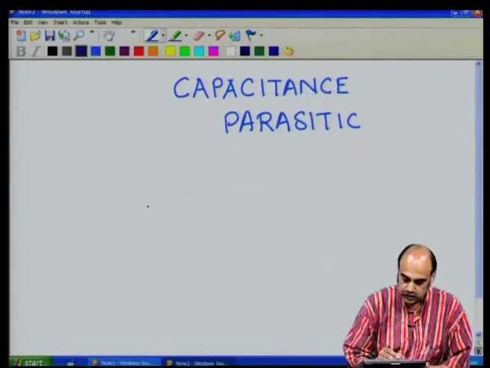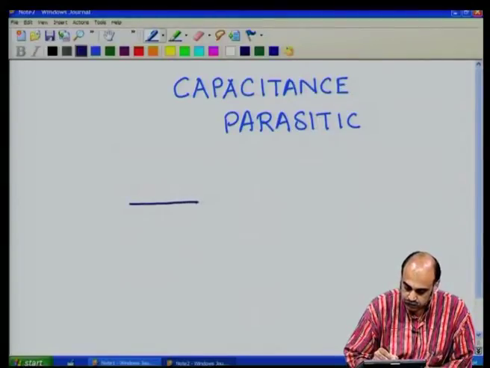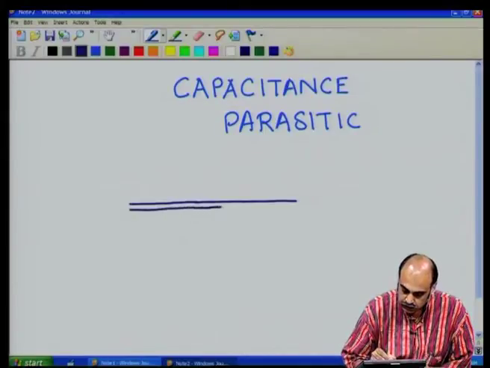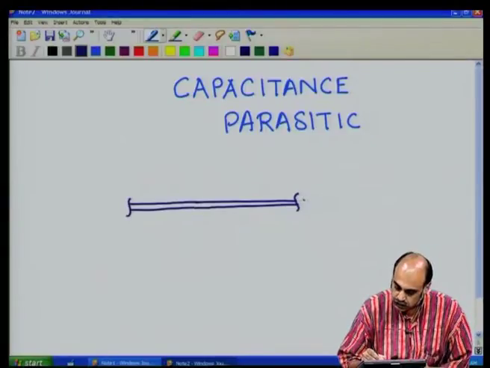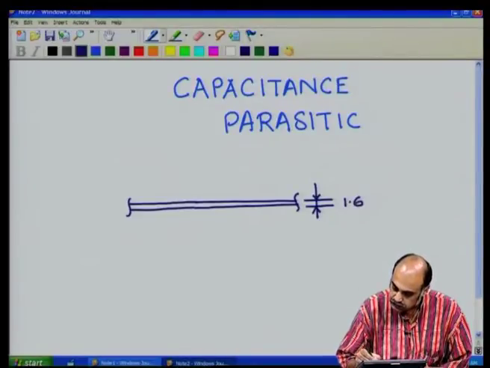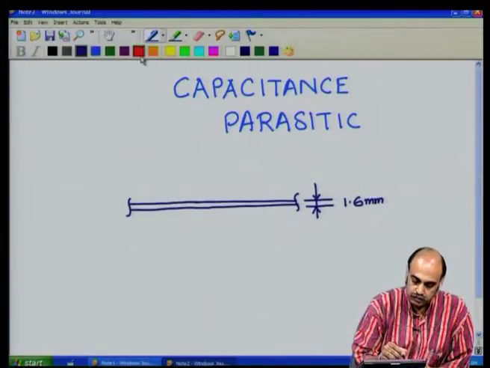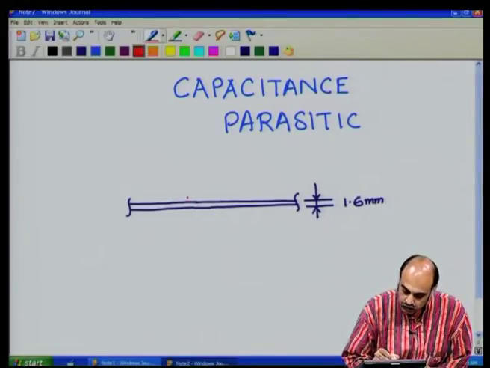So, if you consider the printed wiring board of some thickness, and we know the thickness of printed wiring boards in most cases will be around 1.6 mm, and you have the copper tracks placed on both layers, both sides, top and bottom.